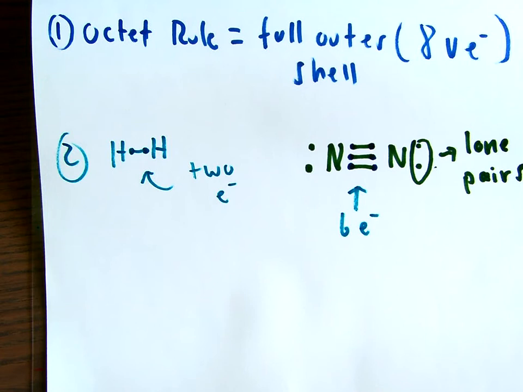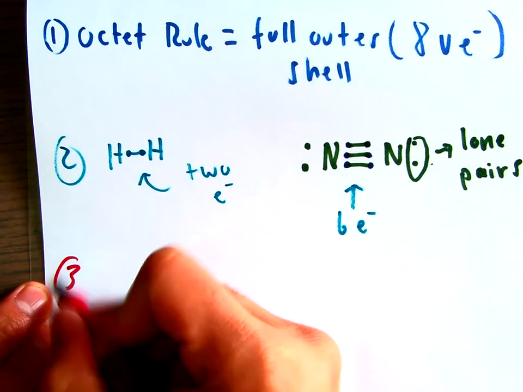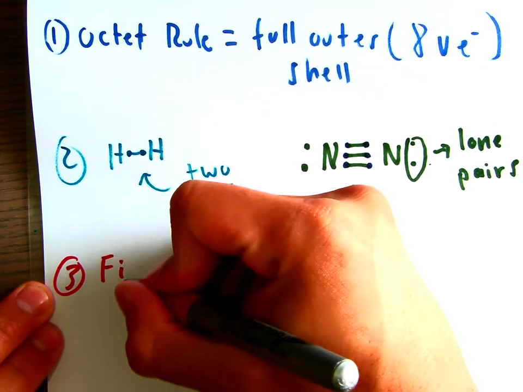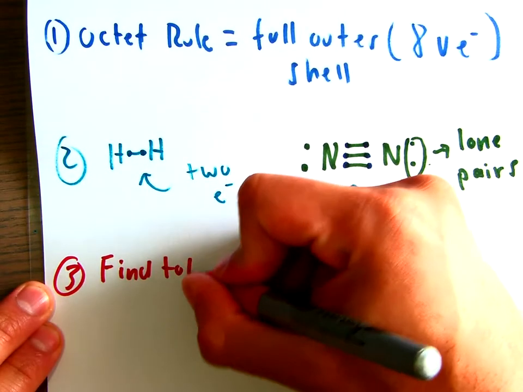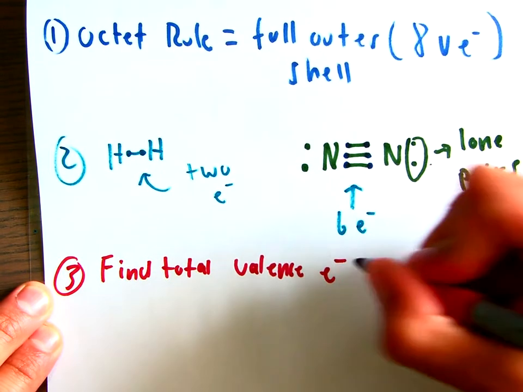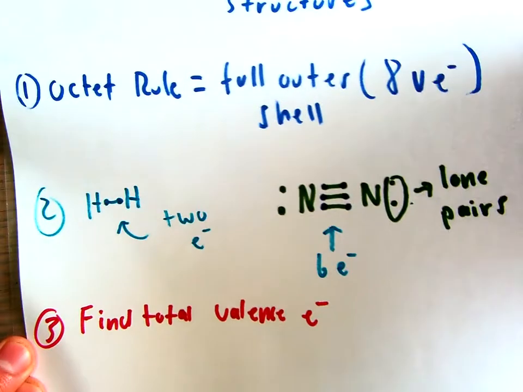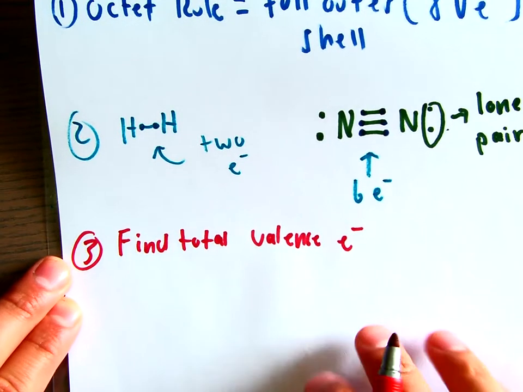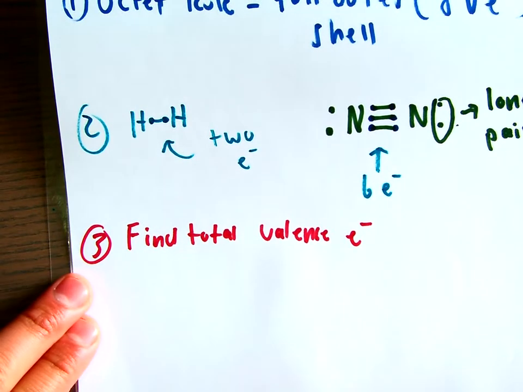The last thing we have to be able to do is find total valence electrons. So let's look at some examples, and then we'll go ahead and start doing this. Let's look at N2.